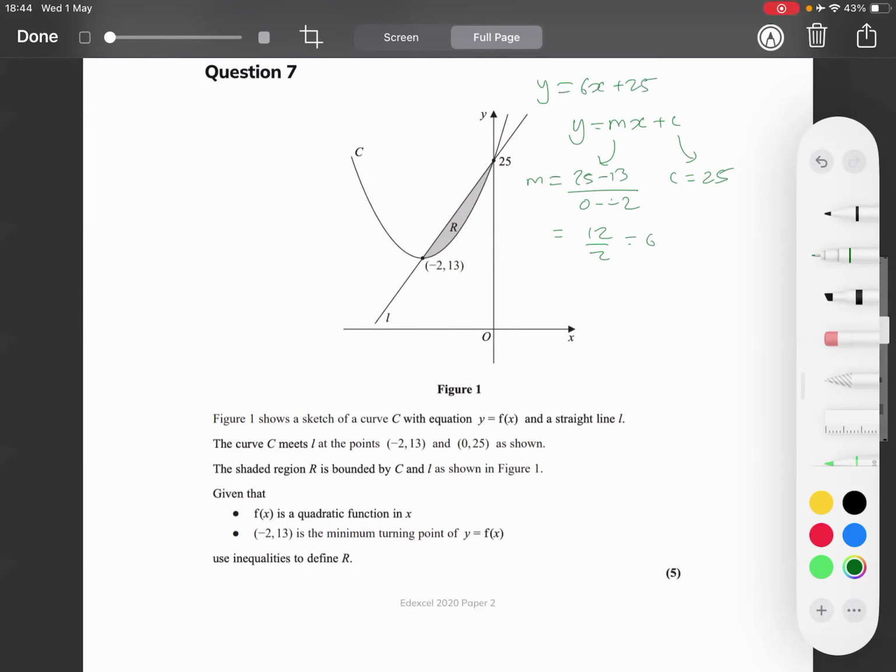This is the harder bit. We have to do the same thing for the quadratic. So the equation of the quadratic is in the form y equals bracket, bracket, bracket, bracket. That's one way. Or in this case, we don't know the roots. We know the turning point.